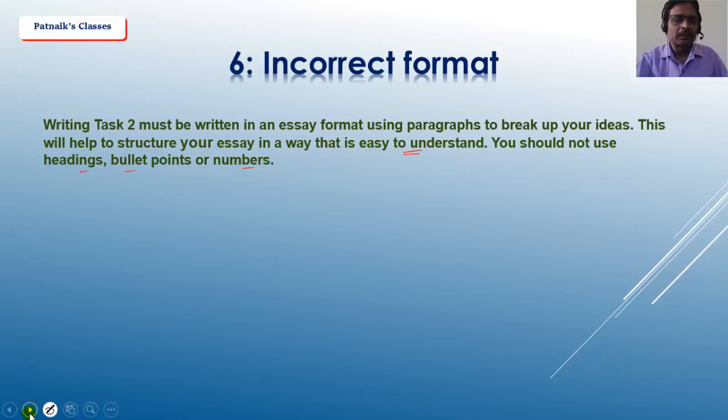And then what you have to do is introduction, body paragraphs, conclusion. Break them into proper paragraphs. Suppose you need 4 paragraphs, you will come to know how many paragraphs you need while reading the task 2. So accordingly you break them. Don't try to write extra paragraphs, or try to shorten the paragraphs.